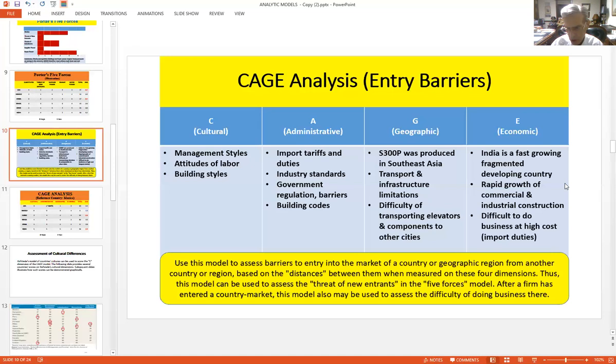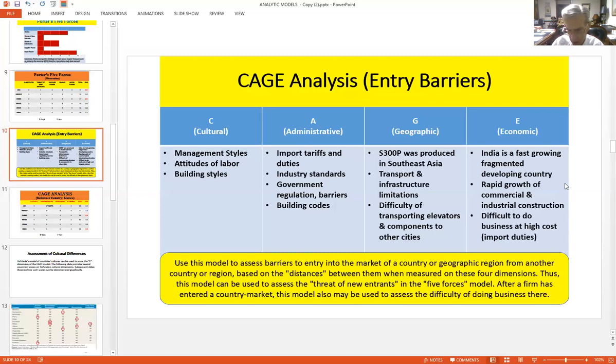Geographic differences or distances are really important. In this case, a more sophisticated elevator was imported rather than built in India, and that was a bit of a problem because of the transportation difficulties and problems getting products into the country. Another problem in India is the roadways. The roadways are just terrible.